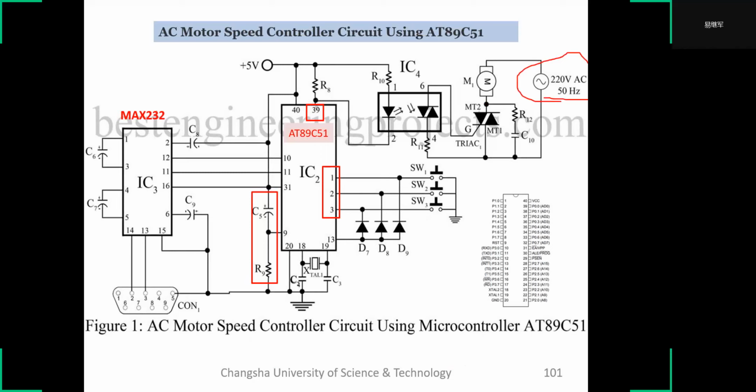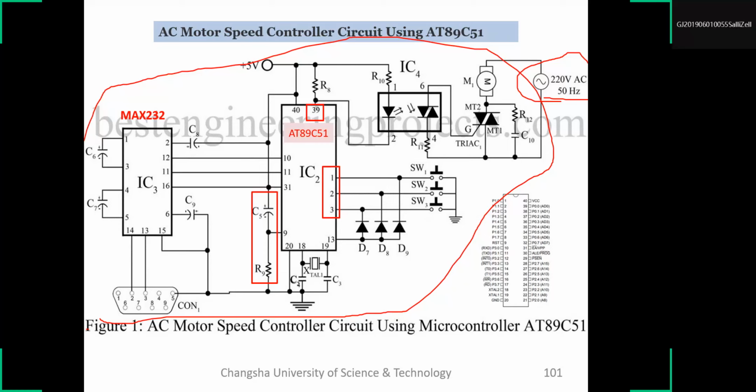Because there is no single phase AC motor in the Proteus software, we cannot simulate this circuit.